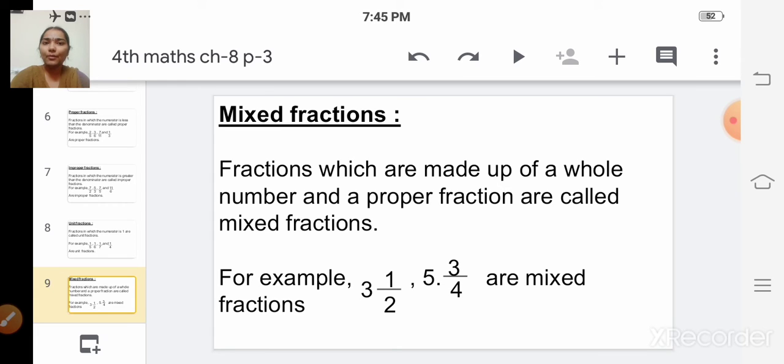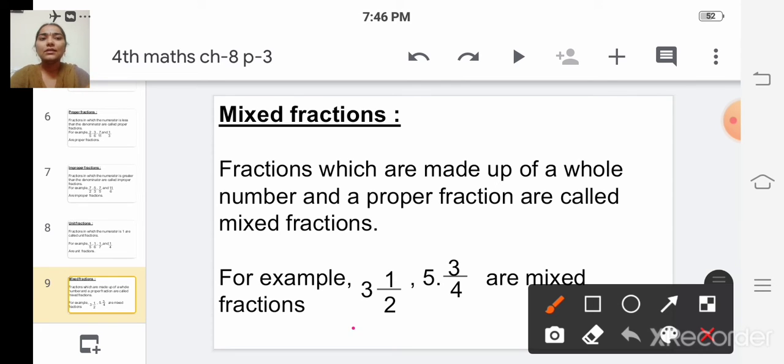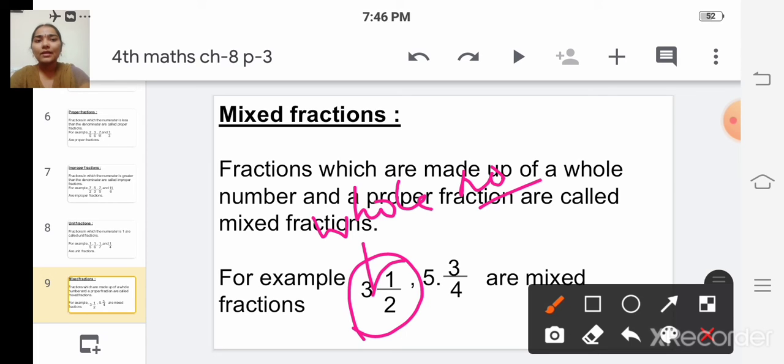For example, 3 1 by 2 and 5 3 by 4 are mixed fractions. In this fraction, 3 is a whole number and this 1 by 2 is a proper fraction.